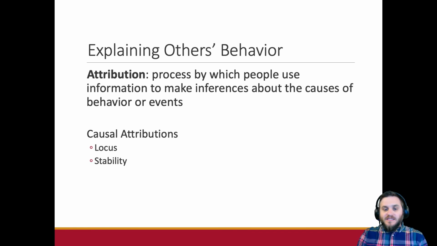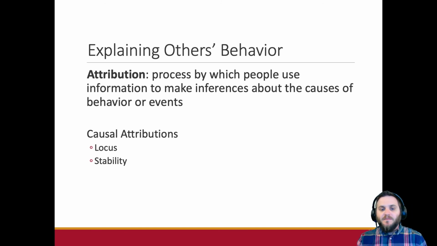The second dimension is stability. Is the stability of the cause something that happens often? Is it chronic or stable, or is it temporary or unstable? Stable or chronic is something that's likely to remain present.